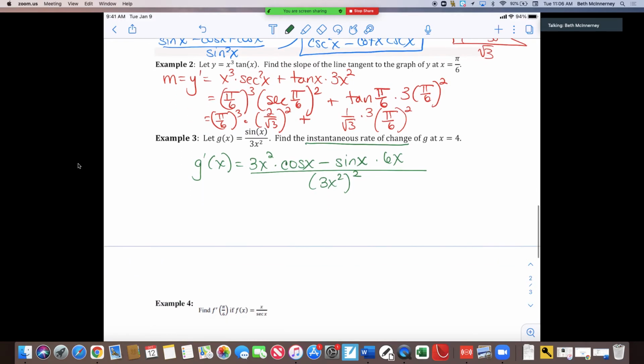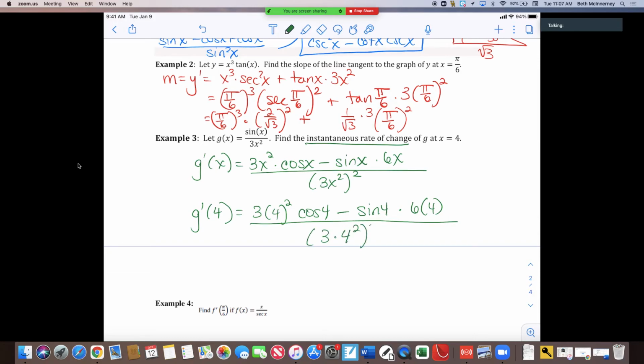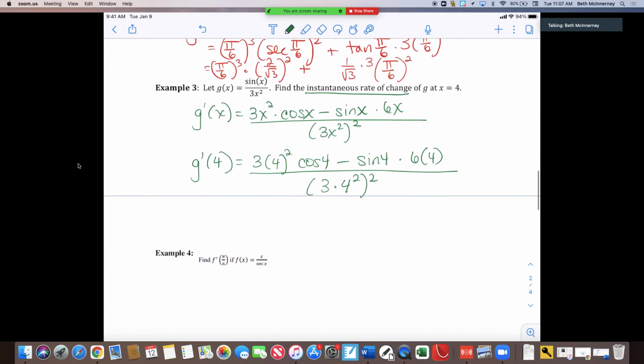We're just going to get this first part set up. Because you would definitely have to do this on a calculator. But we're just going to go to this point.